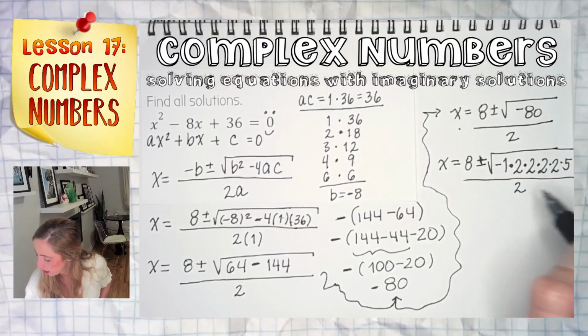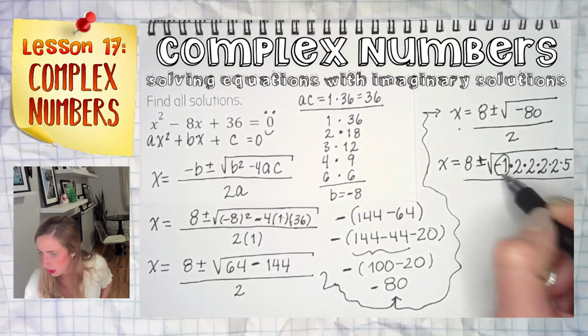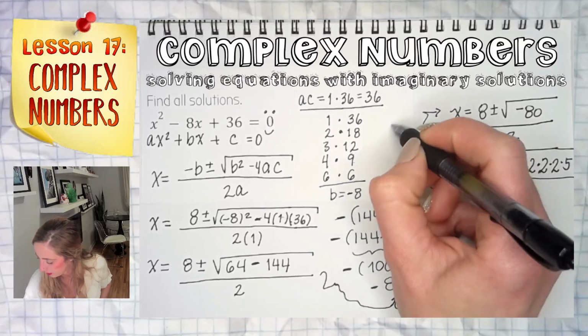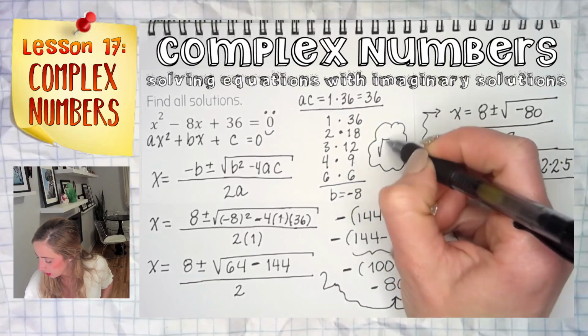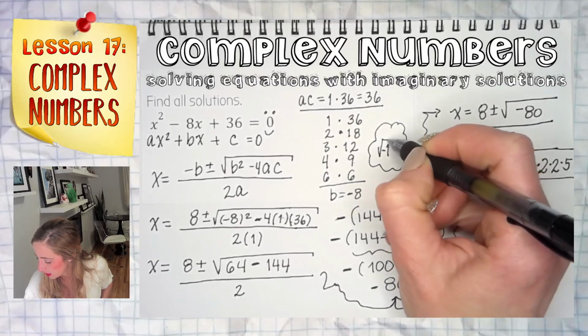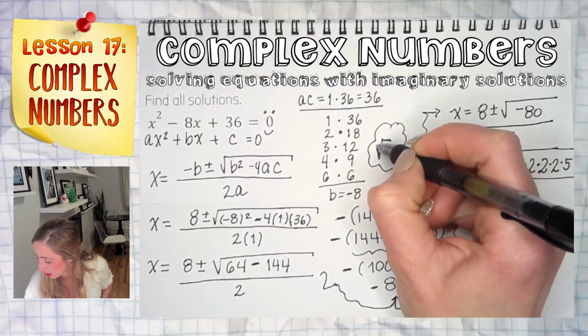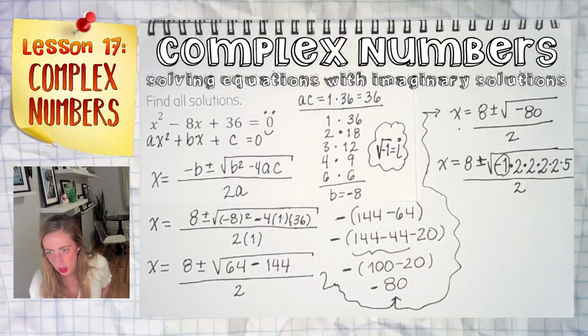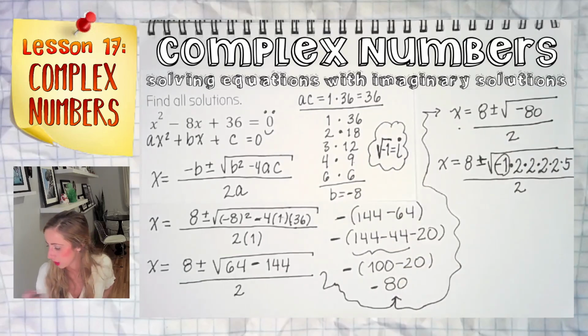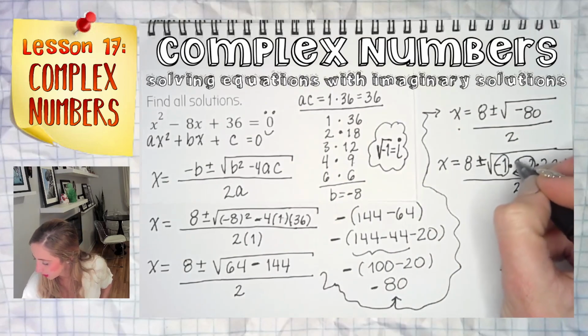Then over 2. The negative 1 inside of our radical right there, what is that? The square root of negative 1 is the imaginary unit, i. So it's going to come out of the radical. Then it takes a pair to make a square.